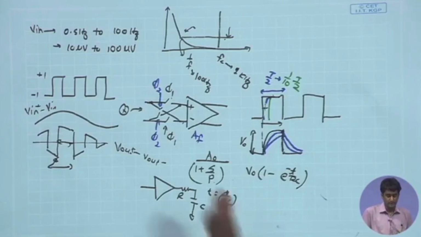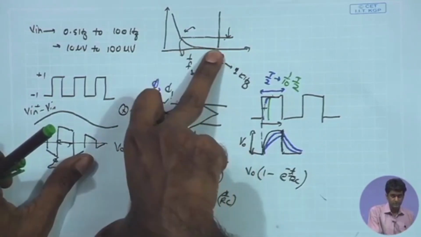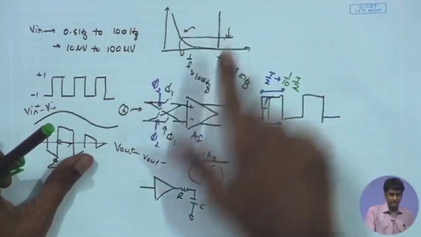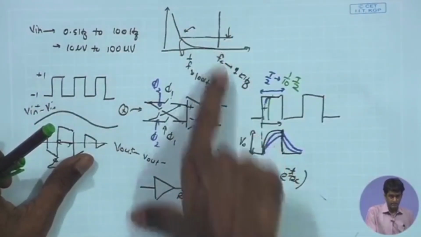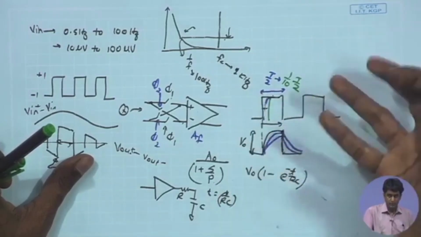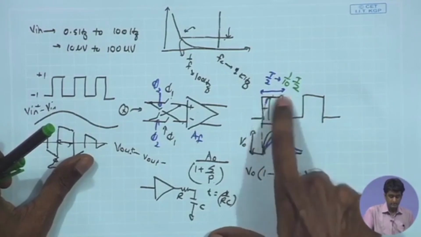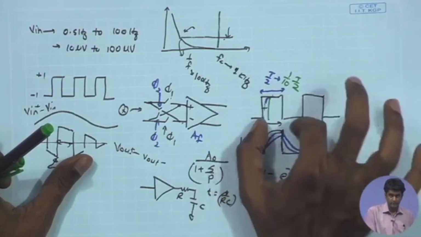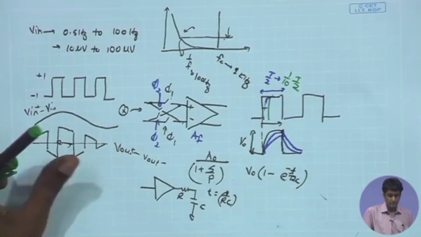So, chopping is helping us in shifting the signal towards higher frequency, 1 kilohertz, but the amplifier bandwidth needs to be even higher than that, because the chopping clock is acting like a square pulse, and within that the signal must settle fast enough, and for good performance I would like my signal to settle within 1/10 of that half period.